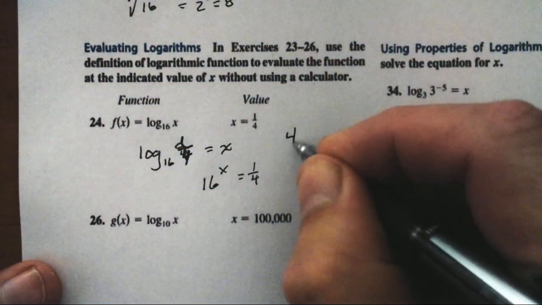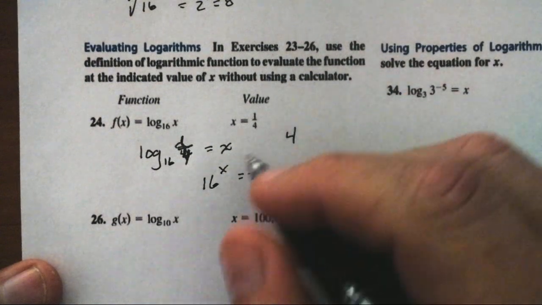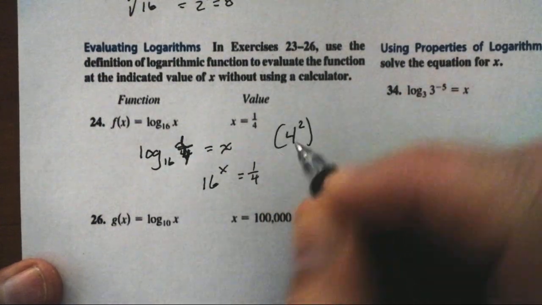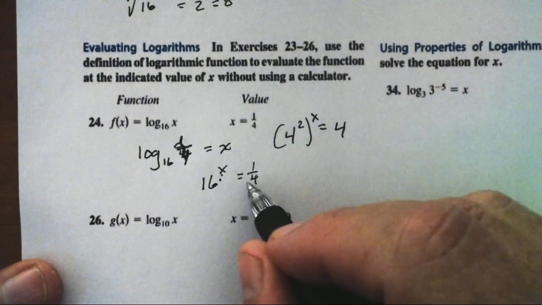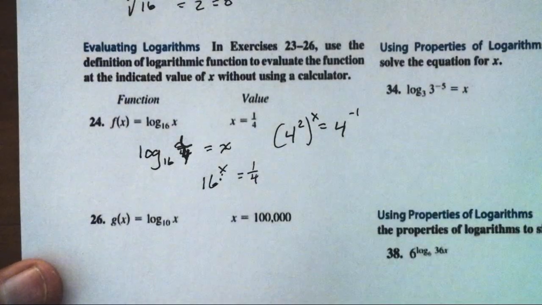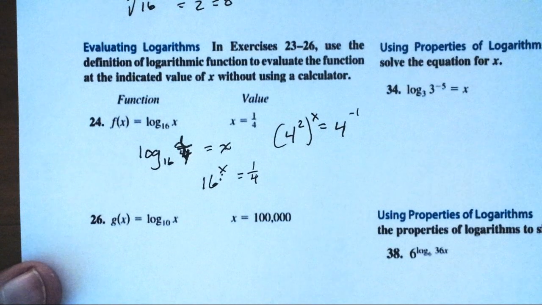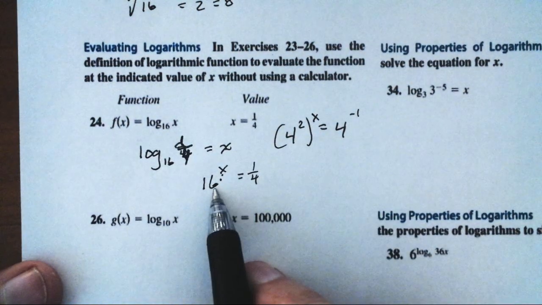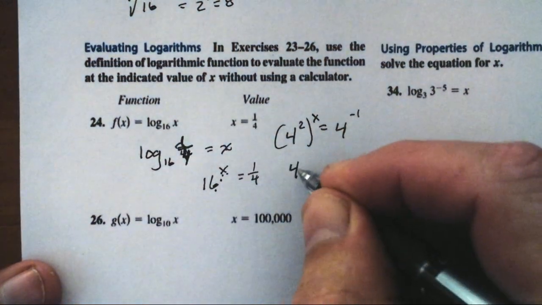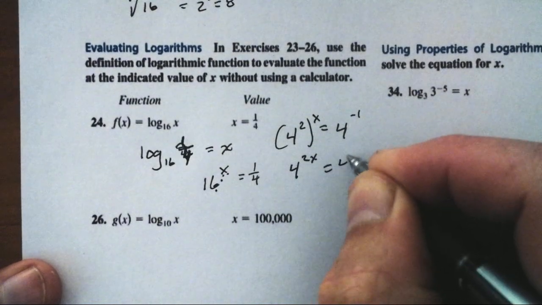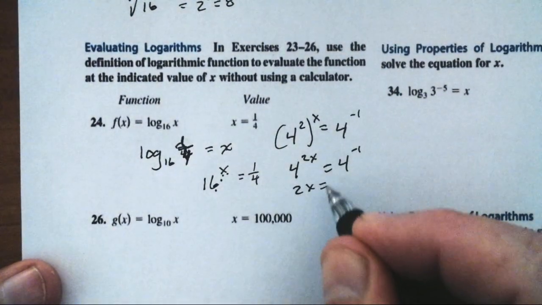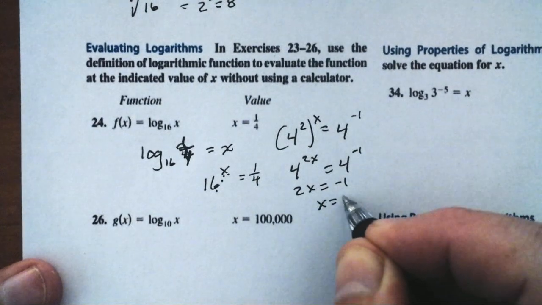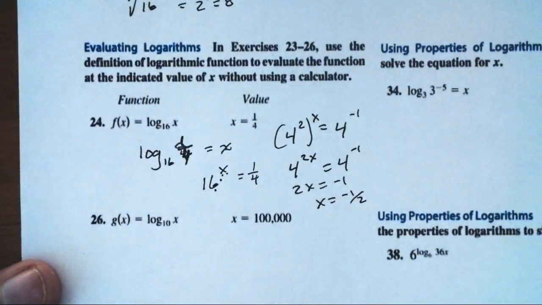This is like 4 to the second to the x equals 4 to the negative first. 4 to the second being 16 to the x, so that's 4 to the 2x equals 4 to the negative first, so 2x equals negative 1 and x equals negative 1/2.